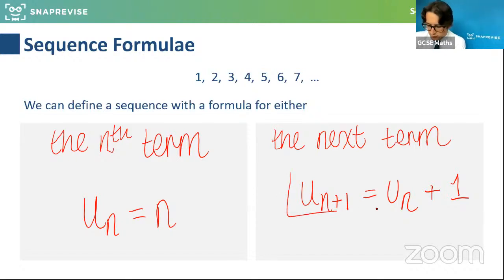Particularly this style of defining a sequence, I know that this catches a lot of students out at GCSE, so we're really going to explore this today. I'm just going to confirm we're all good with this, and then I'm going to keep going with some trickier examples of sequences than just the 1 times table, but just setting up the notation here is what we're looking to do.